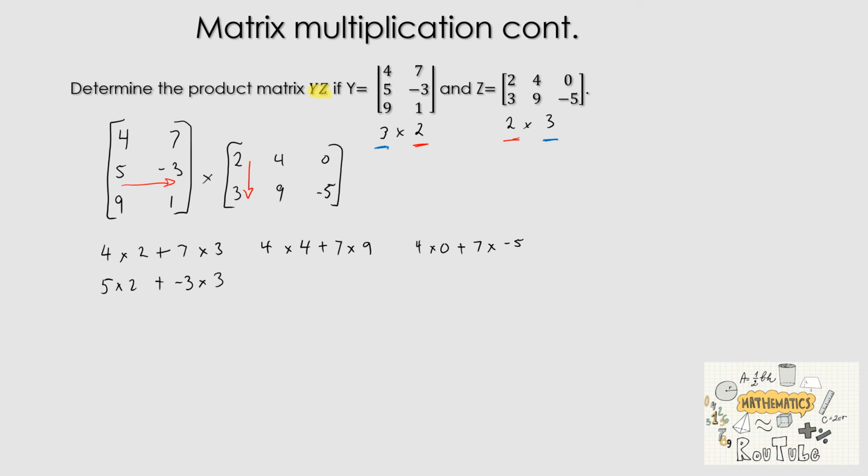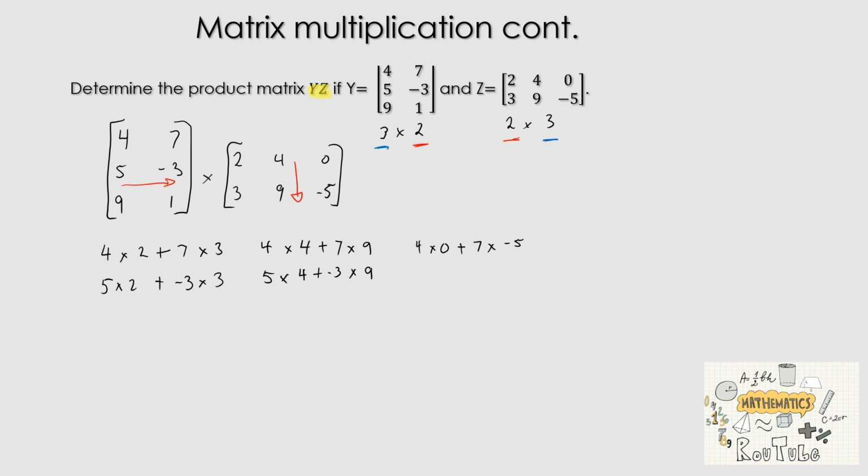And then now we are finished with the first column. So now we can dive down the second column. After that, we should have 5 multiplied by 4, and then we're going to add negative 3 times 9.